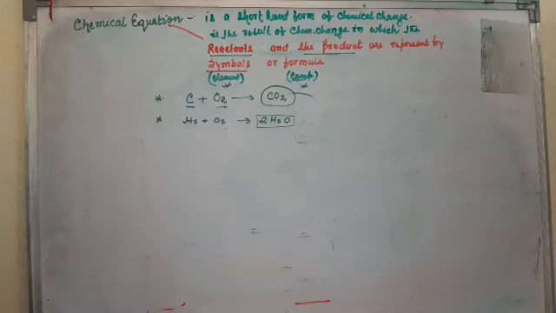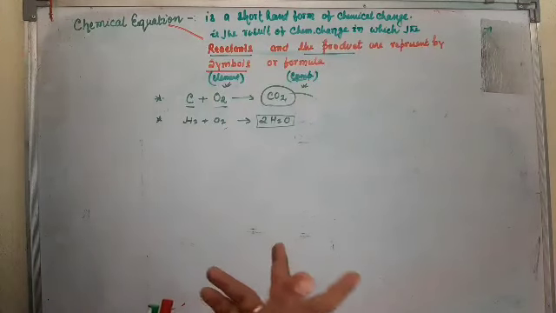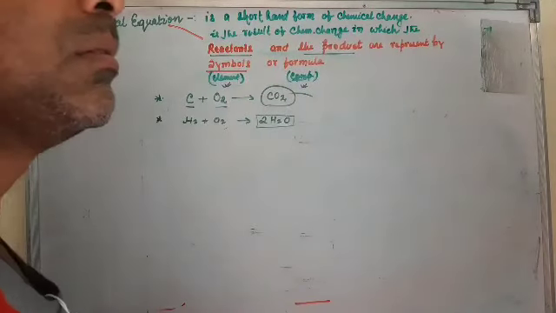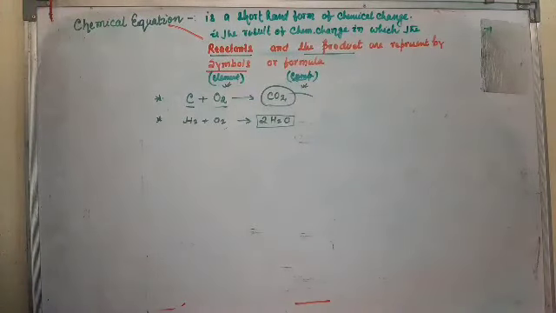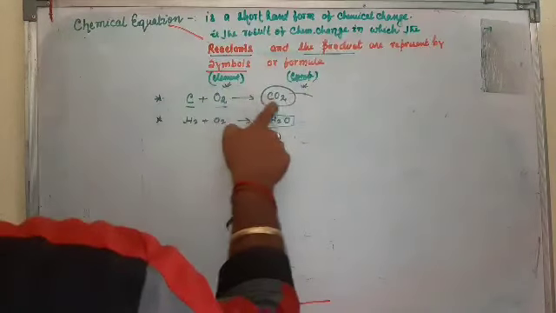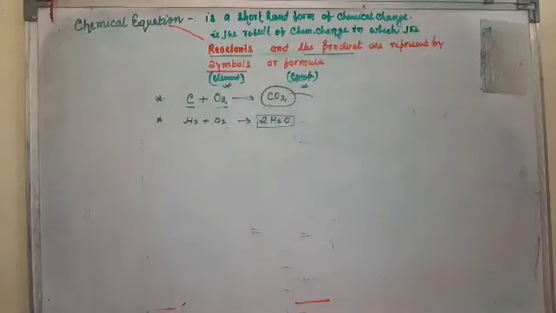Now, in a chemical equation, one reactant can produce two products, two reactants can produce two products, and two reactants can produce three products. There are many examples. So we can say: two reactants, one product; one reactant, two products.